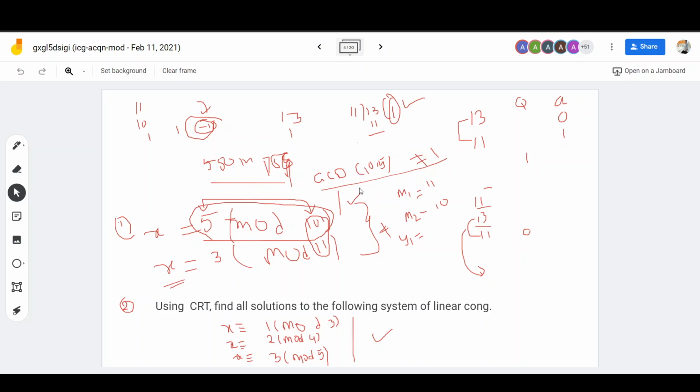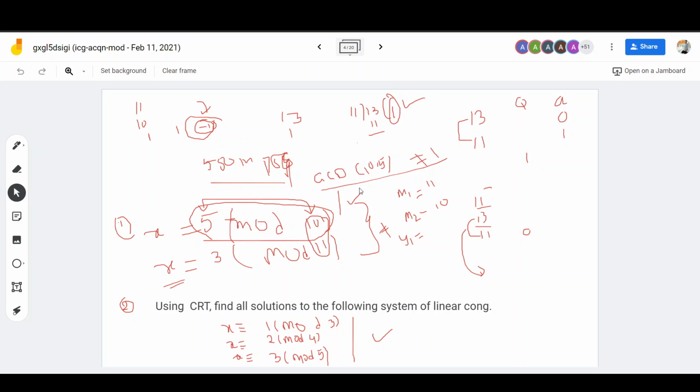And next we perform the decryption operation. In the decryption operation, you return back this M, which is congruent to C to the power D mod n.